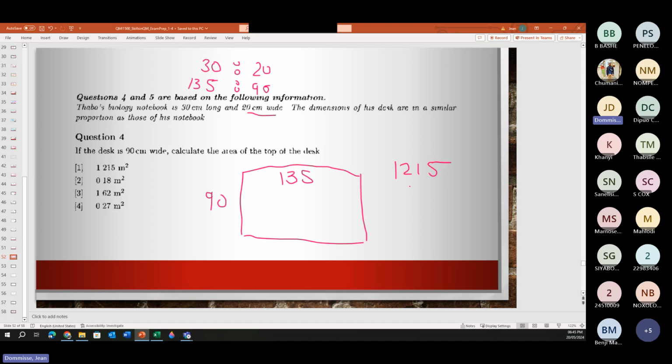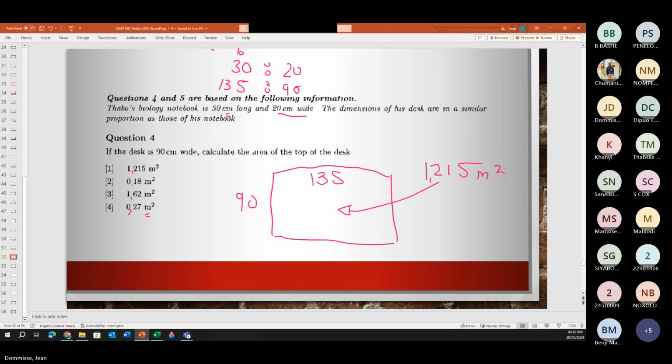So that area is 1,215. Okay, there should have been commas, because that's centimeters. So 1,215 square centimeters. Okay, so two things where they wanted to catch you out on this one.